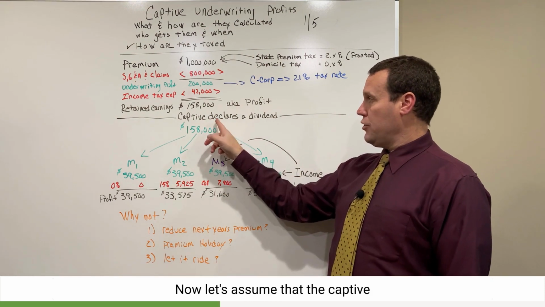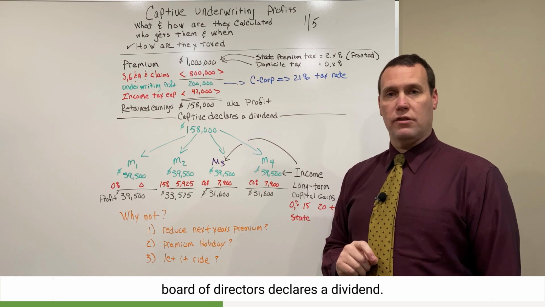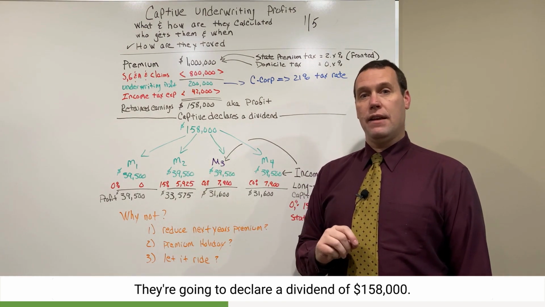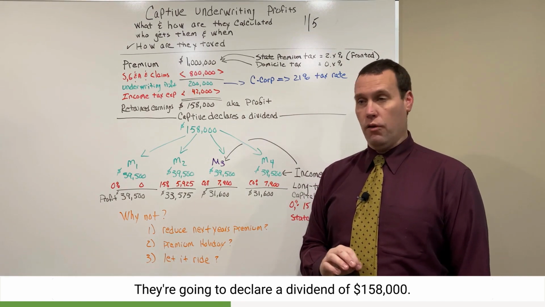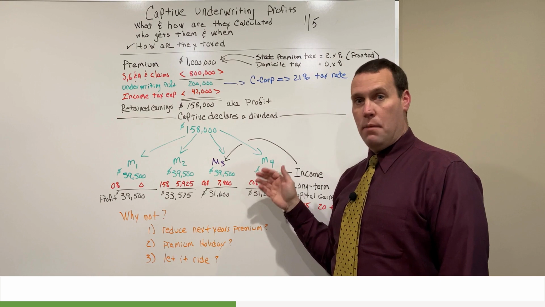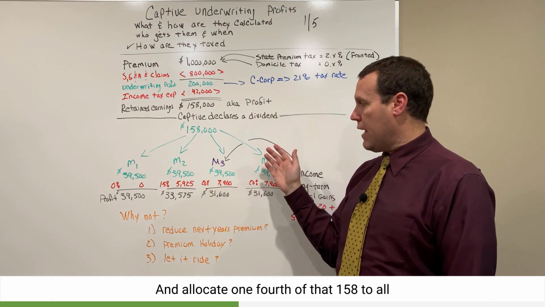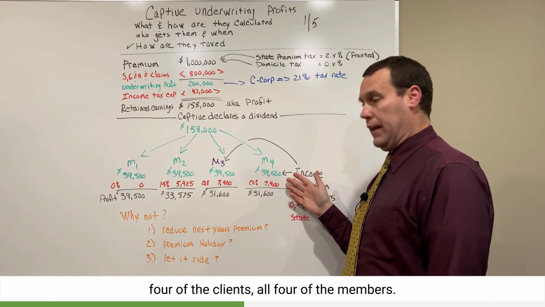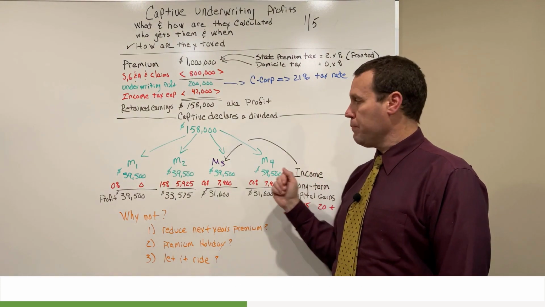Now, let's assume that the captive board of directors declares a dividend. They're going to declare a dividend of $158,000. Now, I don't know how that's allocated, but let's just make it simple and allocate 1/4 of that 158 to all 4 of the clients, all 4 of the members.